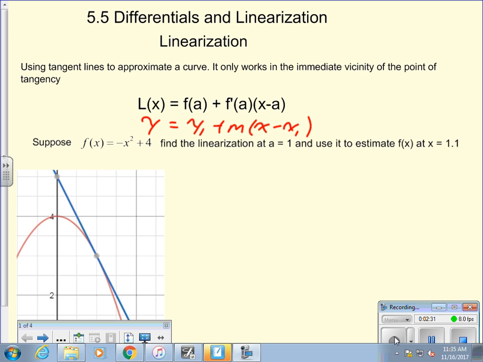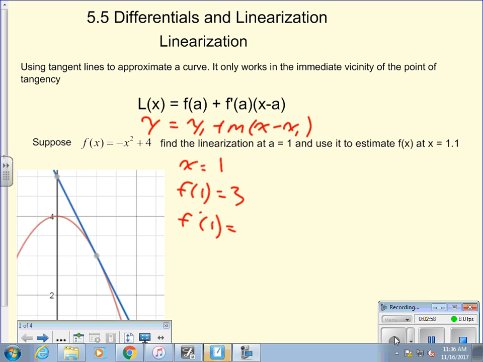That's the tangent line. The linearization is the tangent line. So, okay, I need a couple of things. I know x equals 1. I need to find f of 1, i.e. my y coordinate. So I plug into the original one, and I get 3. X coordinate, y coordinate. And the next thing I need is my slope. I need f prime of 1.